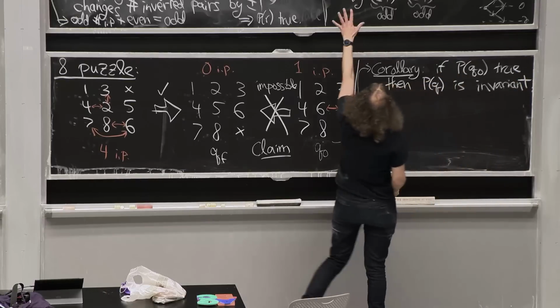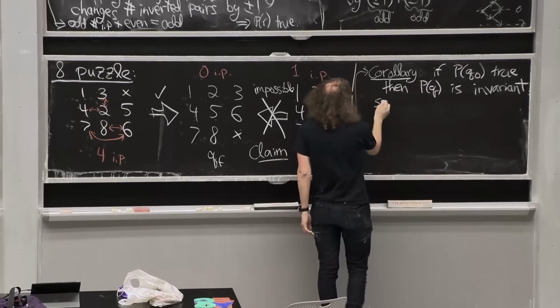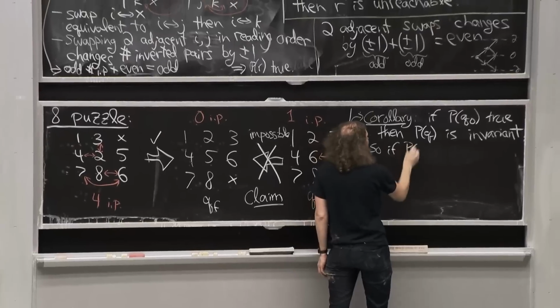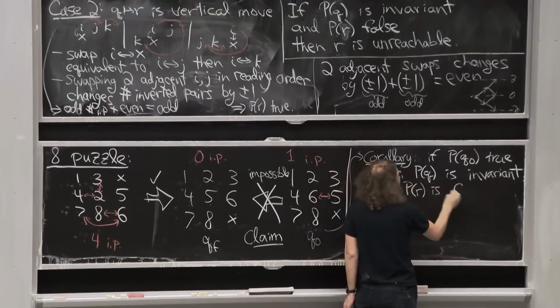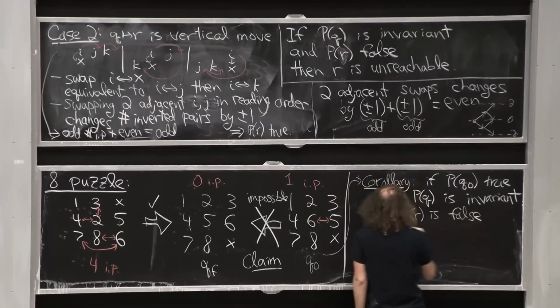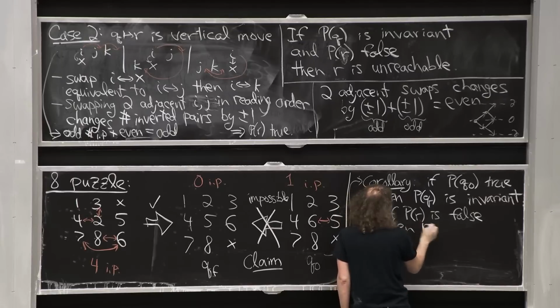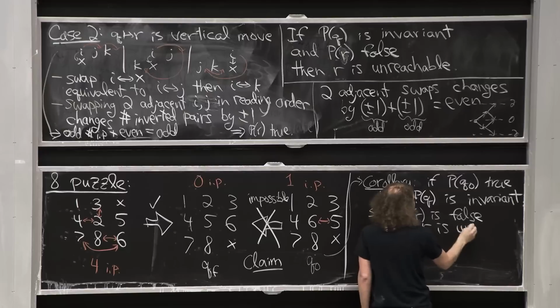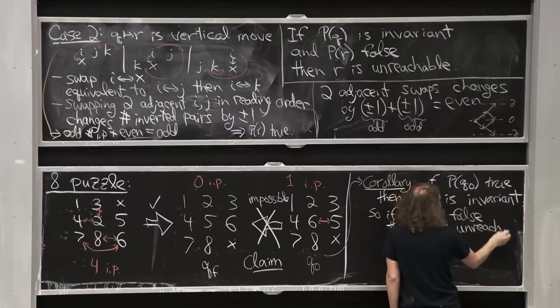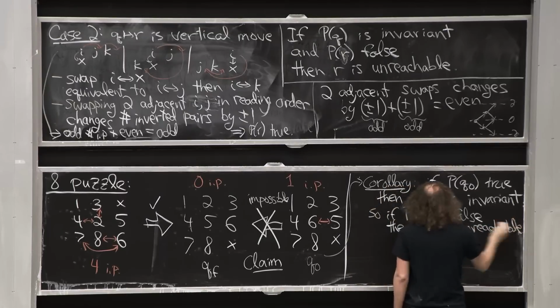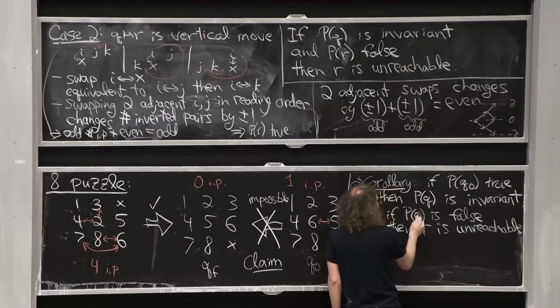And so by this property, if P of R is false, then R is unreachable. Oh, so actually what I care about is not P of R, but P of the final state, QF.